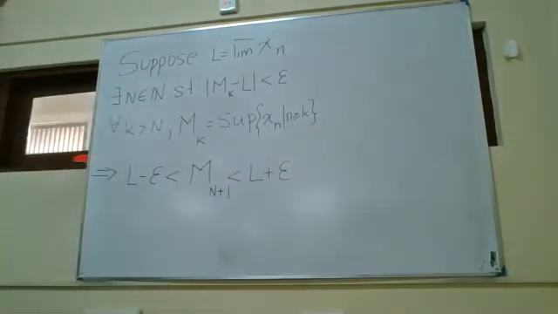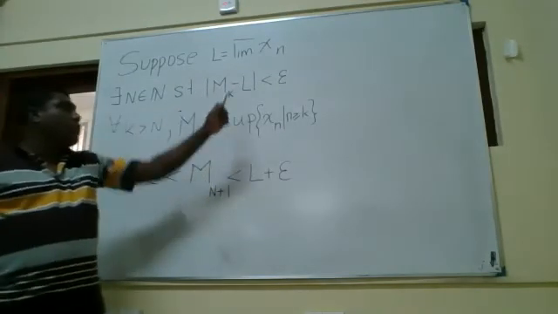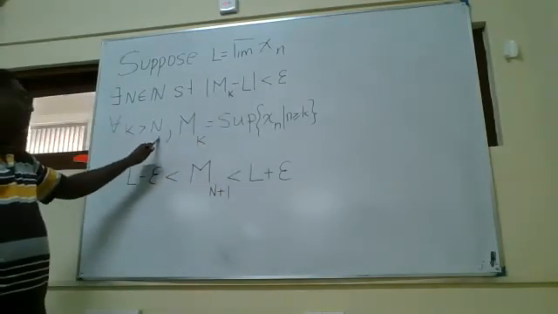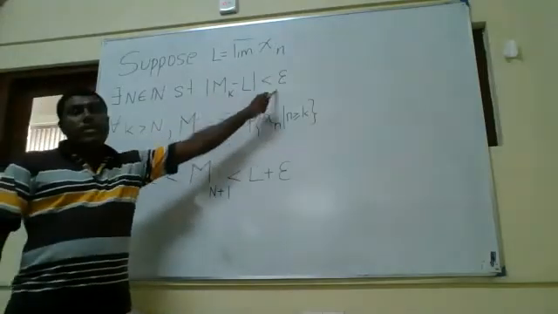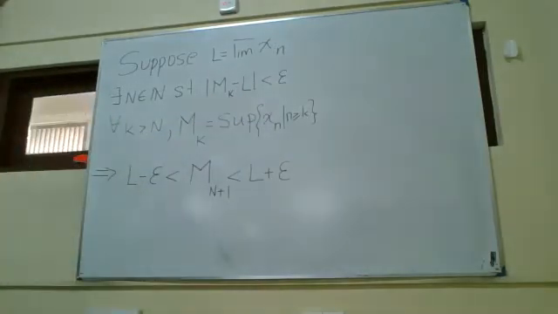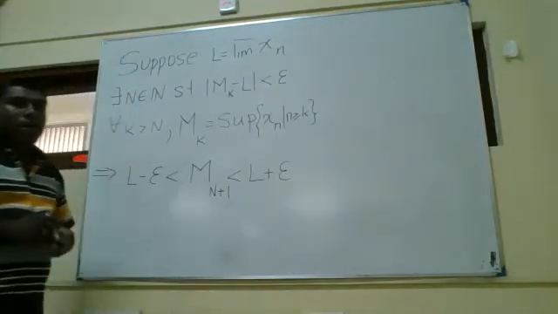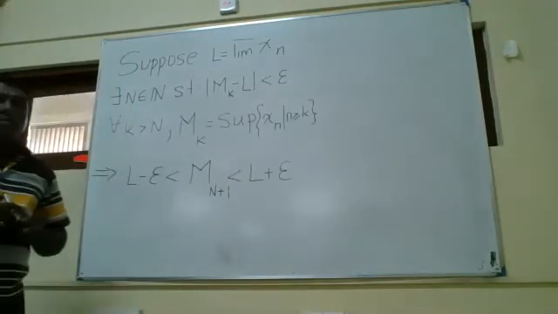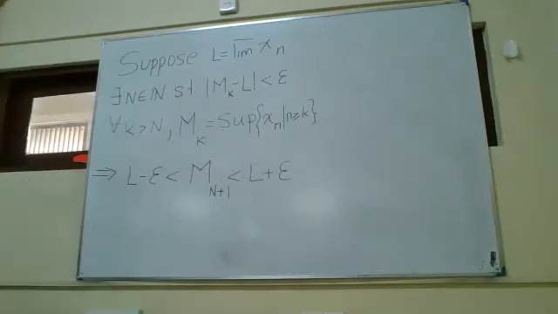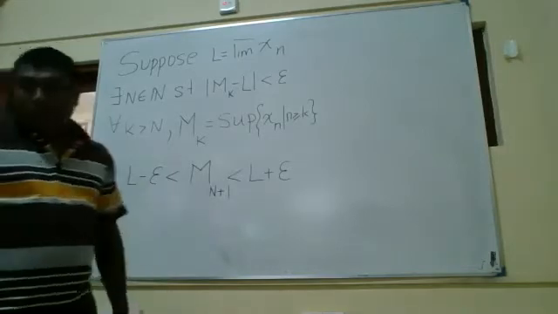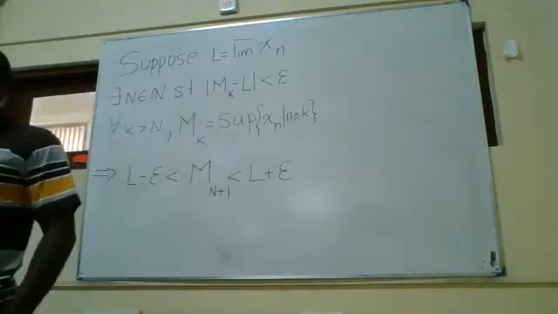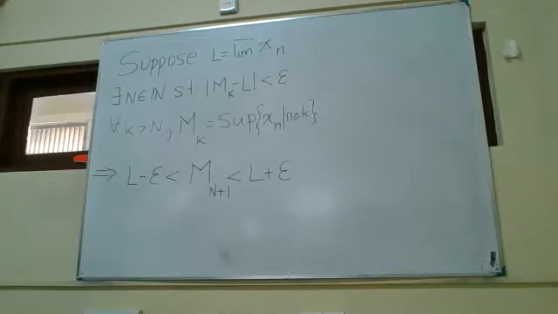That is the consequence of this. For all k greater than N, Mk minus L is less than epsilon, so Mk is in between L minus epsilon and L plus epsilon. So we can say that it is true for N plus 1.